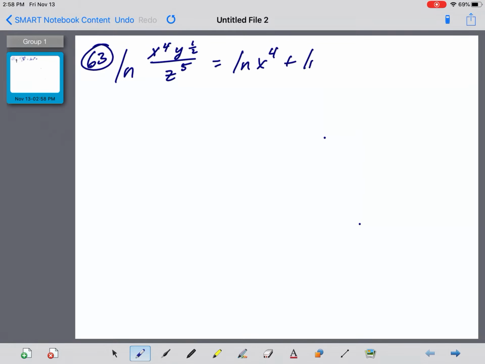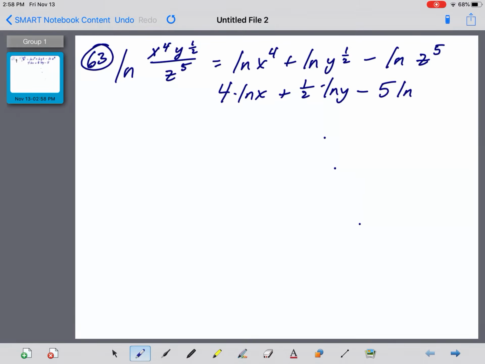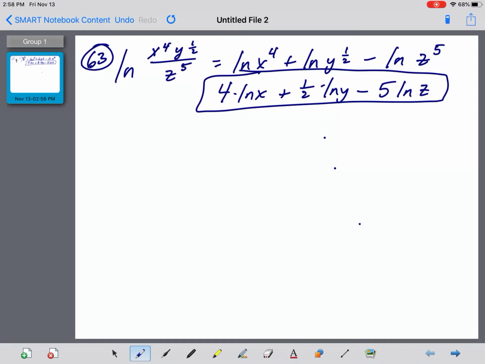The natural log of x to the 4th plus the natural log of y to the 1/2 power minus the natural log of z to the 5th. Now each one of those powers is going to pop to the front. 4 times the natural log of x plus 1/2 times the natural log of y minus 5 times the natural log of z. So you broke that log statement into its separated components.